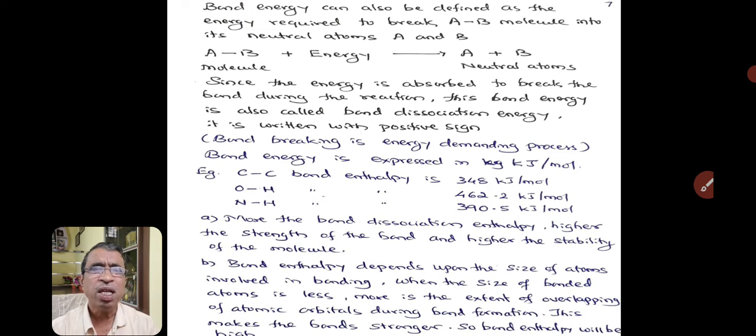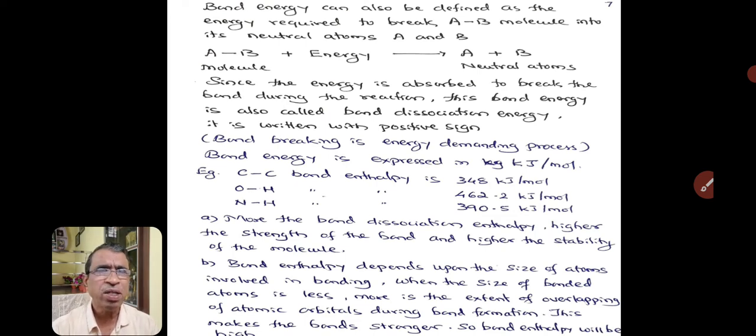Similarly, the O-H bond enthalpy is 462.2 kilojoules per mole and N-H bond enthalpy is 390.5 kilojoules per mole. The more the bond dissociation enthalpy, the higher the strength of the bond and the higher the stability of the molecule.